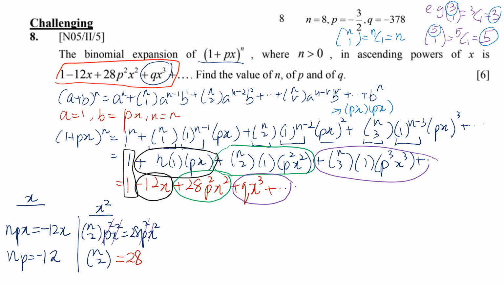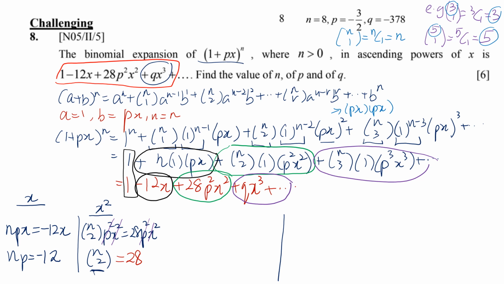There are 2 ways of doing this, but I would rather that you learn the correct way. Don't do the trial and error. Some people would just try to substitute values for n, like you try n to be 4, and 4 choose 2, to see whether they get 28. Or you let n be 5, and 5 choose 2, whether they get 28. But the proper way is that we need to learn how to evaluate this.